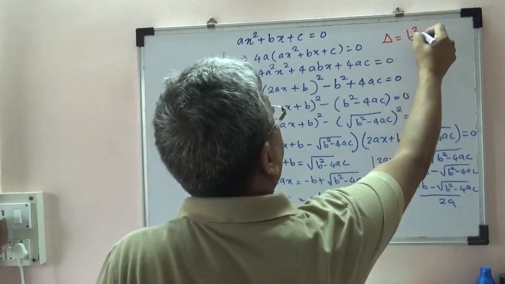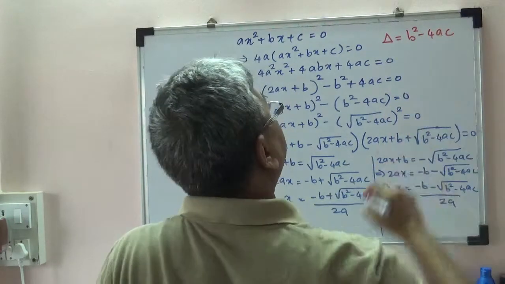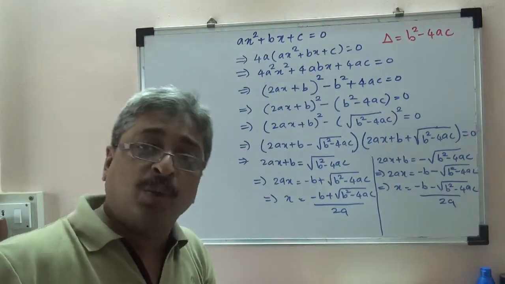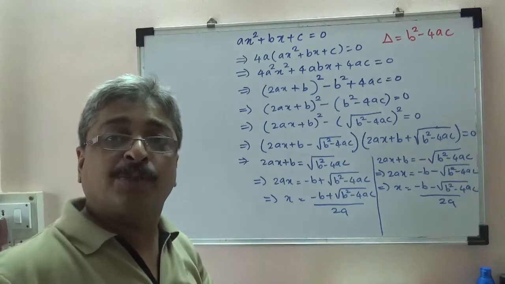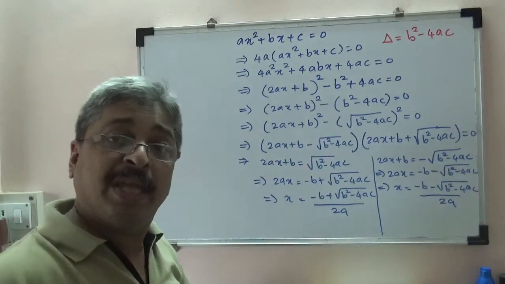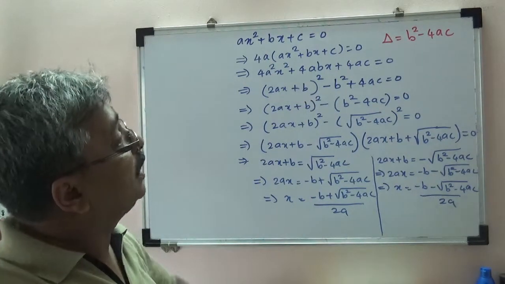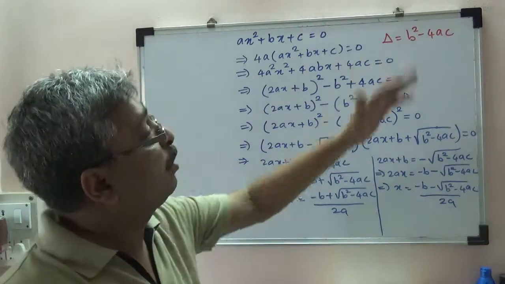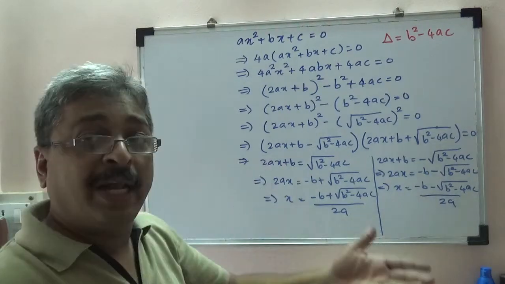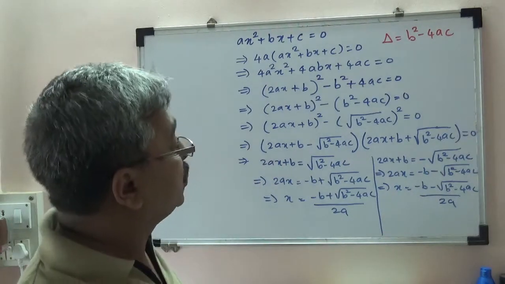It discriminates between the roots of the quadratic equation ax square plus bx plus c, and therefore it is called the discriminant. It separates quadratic equations with real roots from those with imaginary roots.